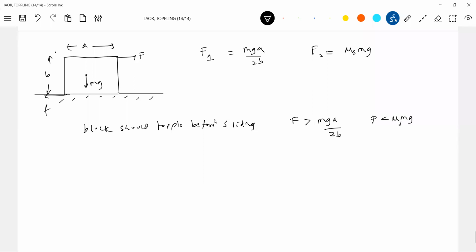How to bring the relation between mu s and a by 2b? Definitely, for the block to topple before sliding, the applied force should be less than the limiting friction but greater than the toppling force. So how to get the relation between mu s and a by 2b?